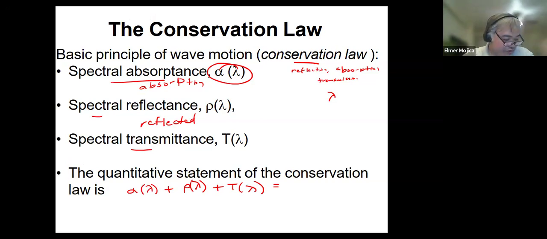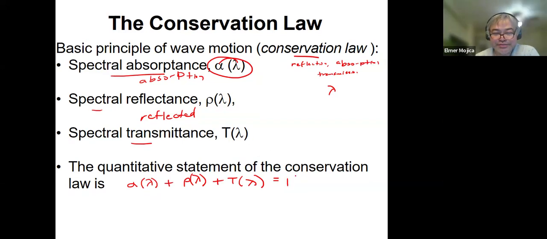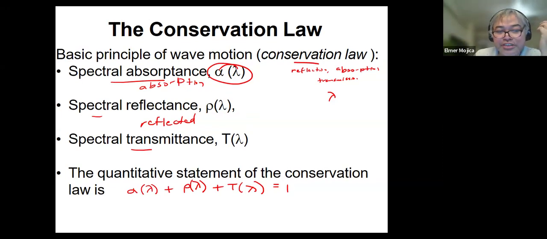If we add all of them, this just equals 1. The amount of the wave that strikes the boundary between the two media. So that is where we have what we call the conservation law.